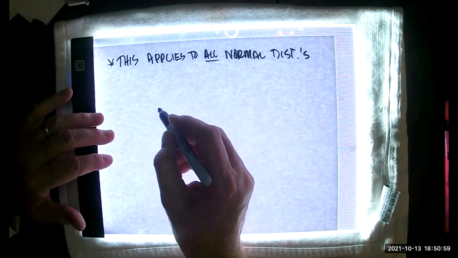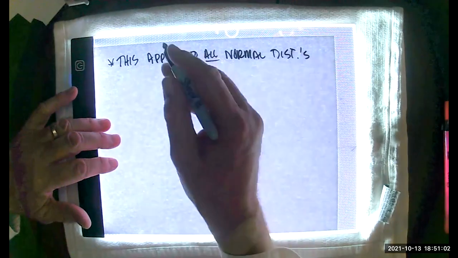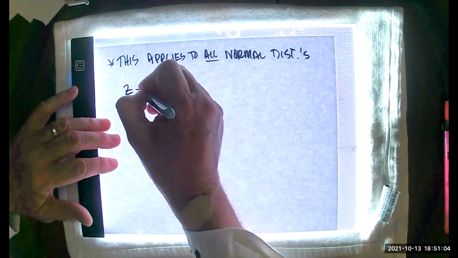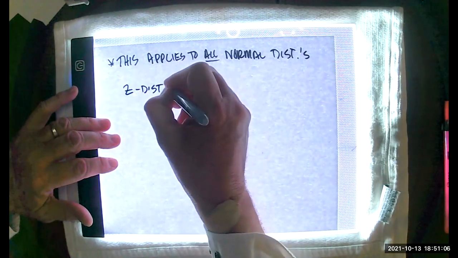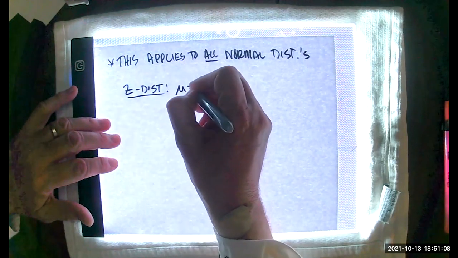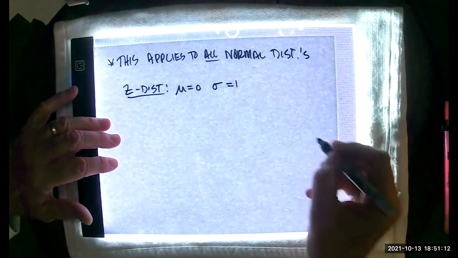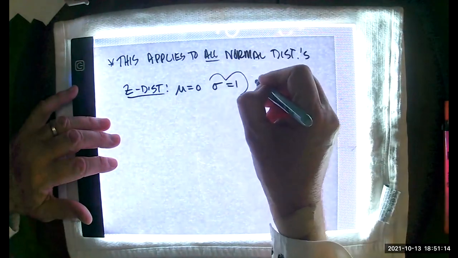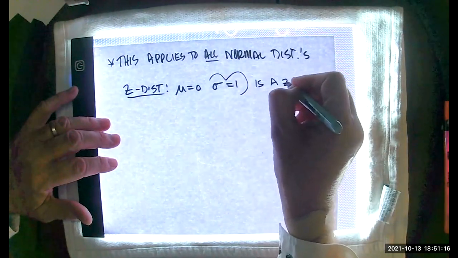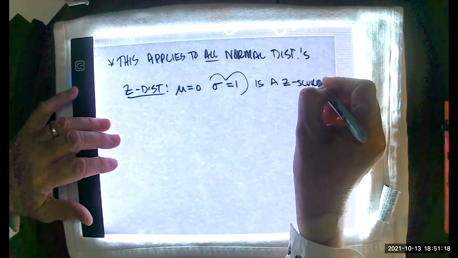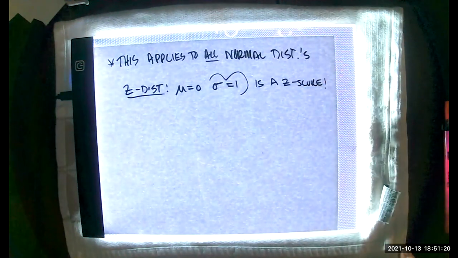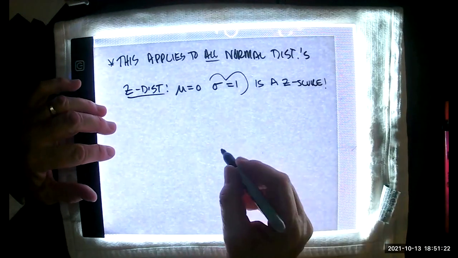Yes, I mentioned this in passing last night, but I like to remind people that for the z distribution, with a mean of 0 and a standard deviation of 1, this right here is a z-score. So it's exactly one standard deviation.